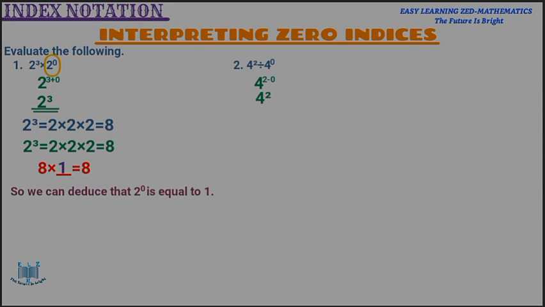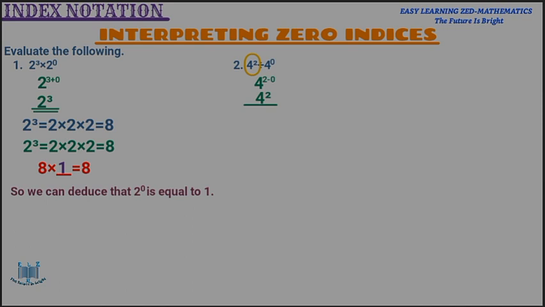Now this is the quotient we have gotten. When you look at the quotient and the dividend, you will see that they are the same. Here I'm talking about this dividend, which is 4 to the power of 2. When you look at that term, you see that it's just the same as the quotient.